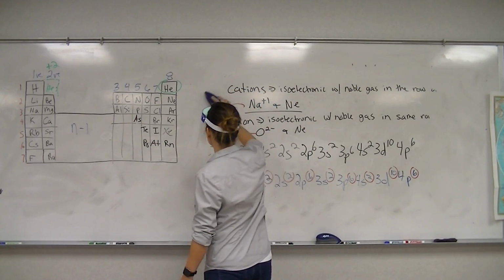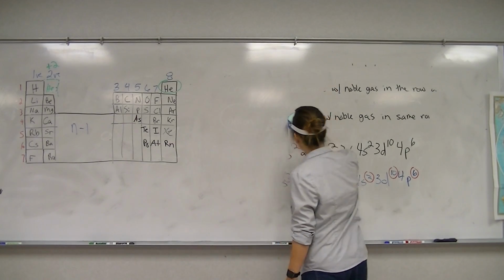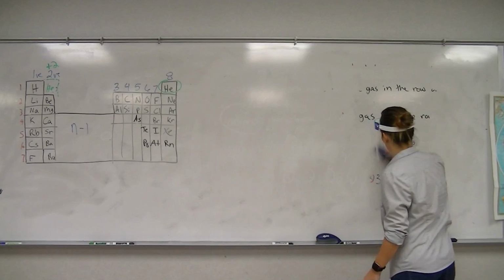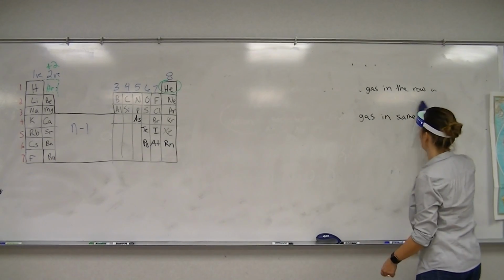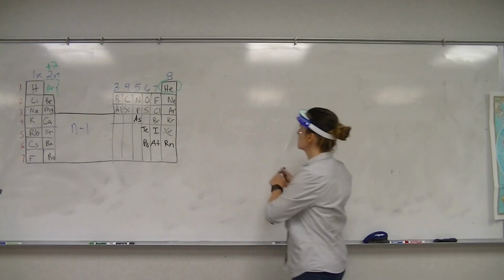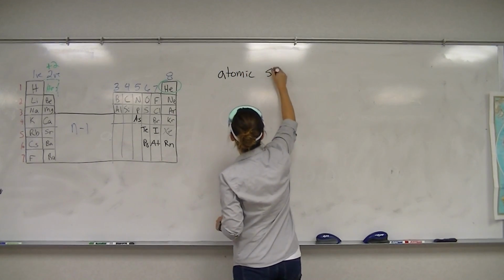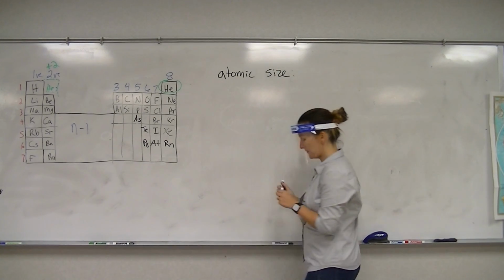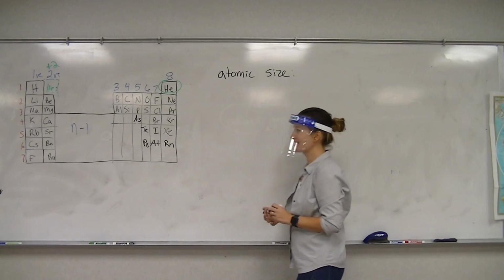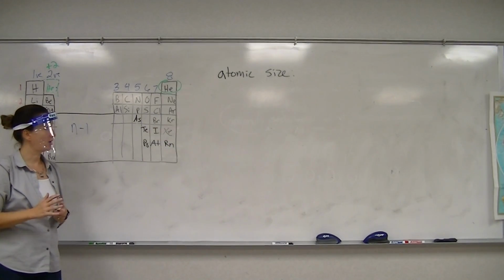the periodic trends, the one I'm focusing on is the atomic size. We mentioned that when we talked about the principal quantum numbers, the shells. So what you need to know about this trend is if I give you a set of atoms, you need to be able to tell me the order.